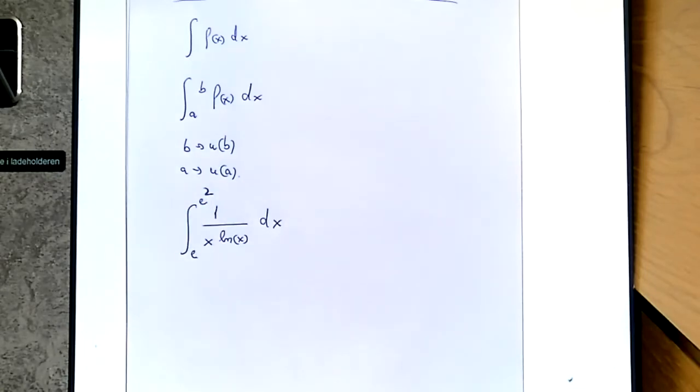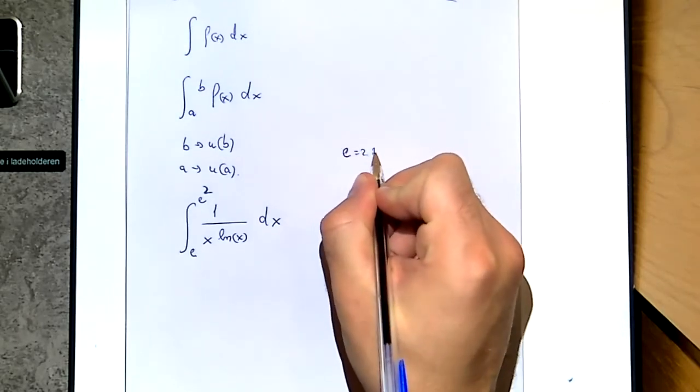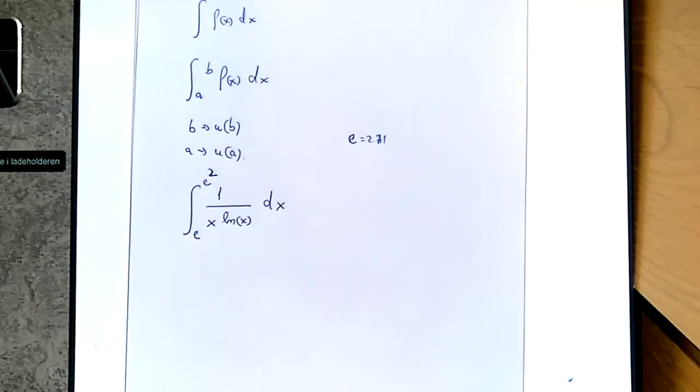E is just a number, 2.71. Again, you look at this and don't really know how to get it. Someone might argue you can solve it by parts. You can, but we're in the substitution case, so we're going to solve it by substitution.